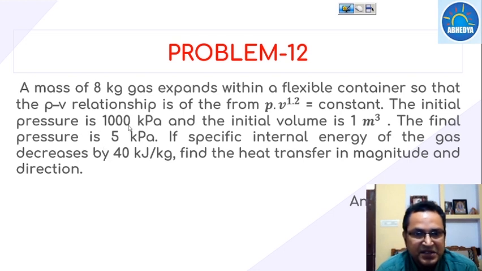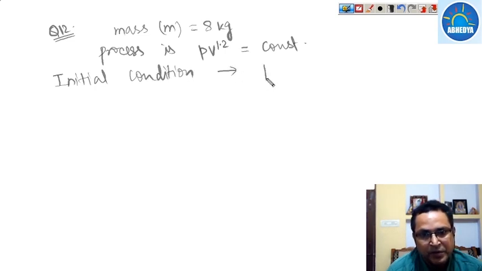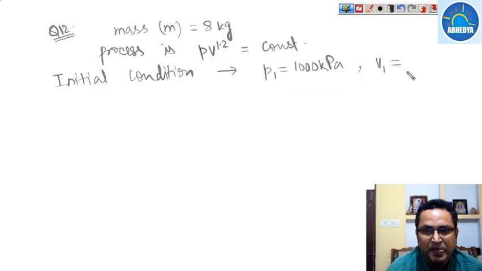The initial pressure is 1000 kilopascal and volume is 1 meter cube. Initial condition is given. Pressure is 1000 kilopascal and volume is 1 meter cube.